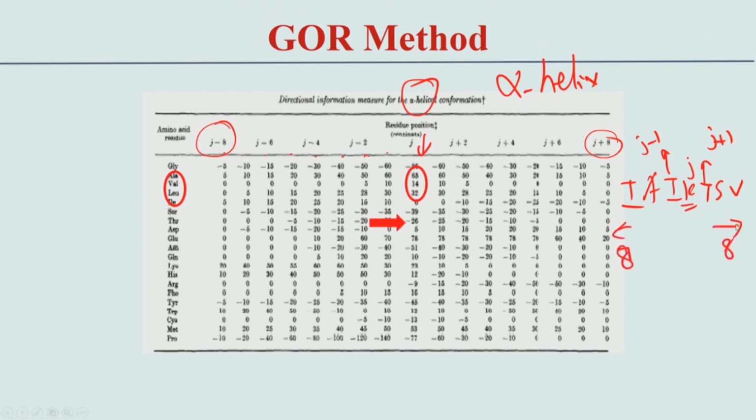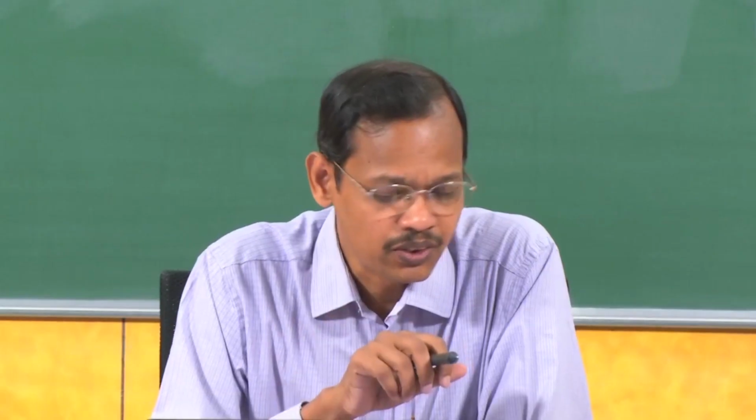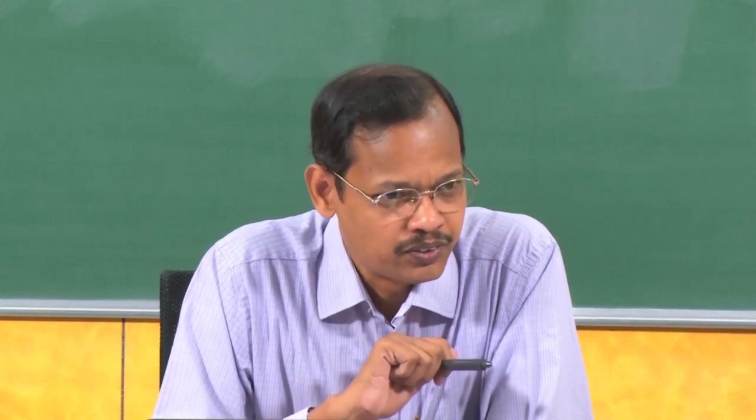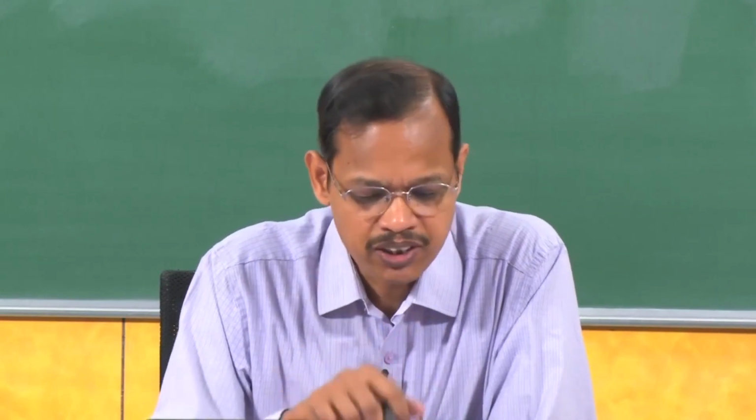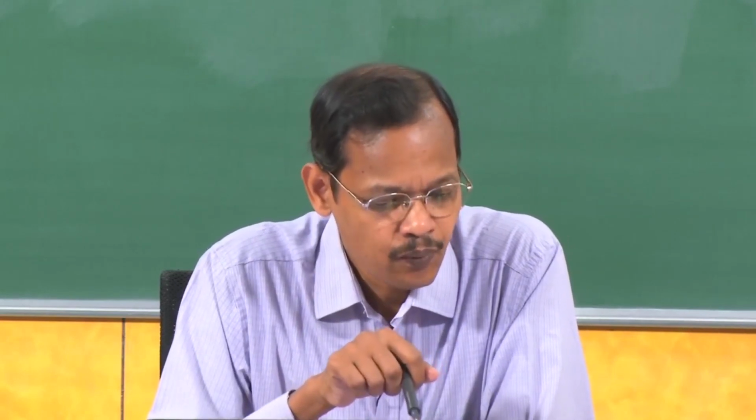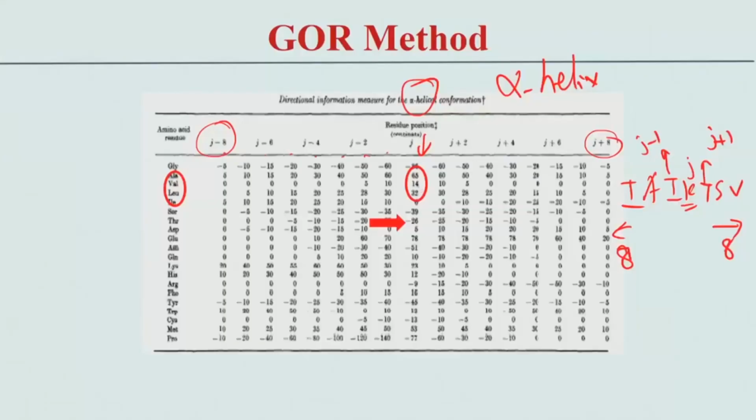You can see the residues on this side and on that side, this is a matrix. If you see the matrix, we can see the preference of some specific residues. For example, at the Jth position, which residues are preferred? If you see a plus, that is a preferred one. This plus value corresponds to alanine, this is 65.